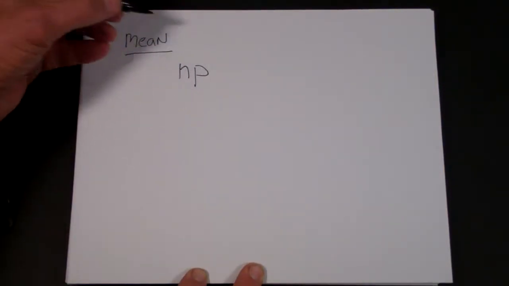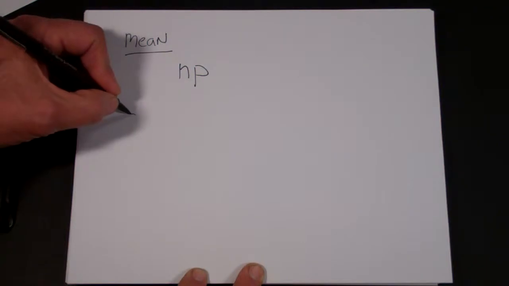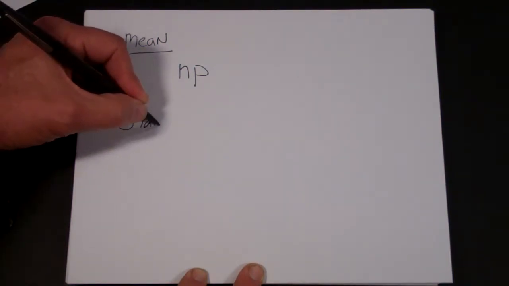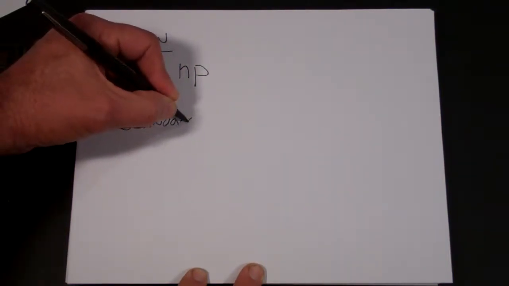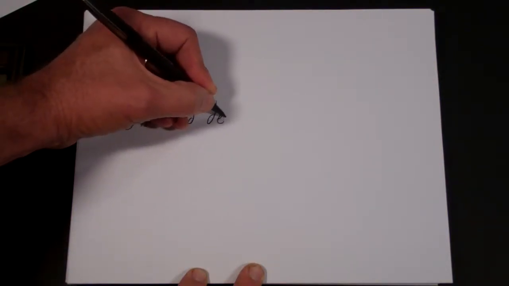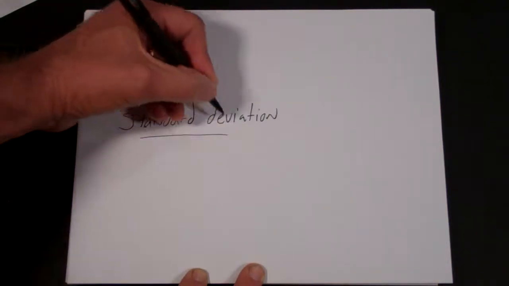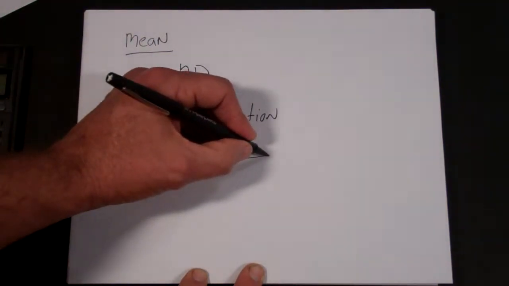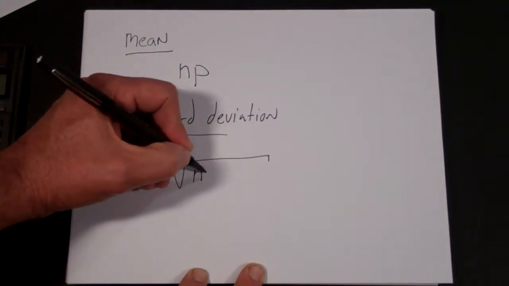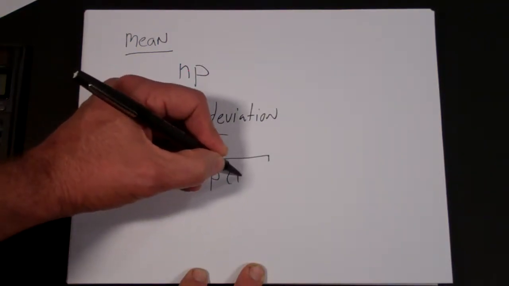So for a binomial distribution, the mean is defined as n times p. And the standard deviation, which is usually a fairly tedious calculation if you need to do it by hand, in this case is very easy. The standard deviation is just equal to the square root of n times p times 1 minus p.